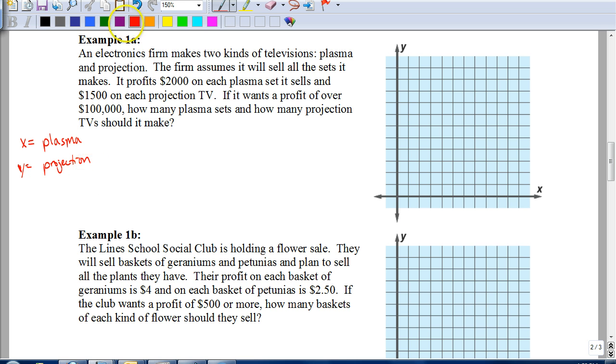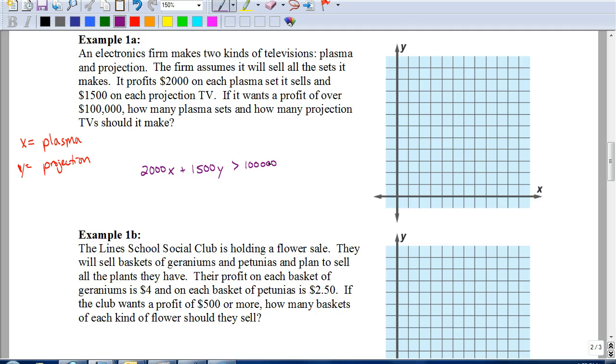So knowing that, I could set up an inequality where it's $2,000 that they make on each plasma TV, so it's going to be 2,000X plus they make $1,500 on each projection TV, so that would be 1,500 times Y. They want to profit over $100,000, so it's going to be greater than 100,000. Now that's going to be our first inequality.